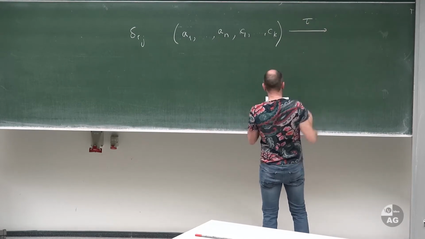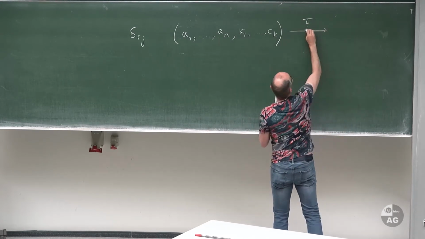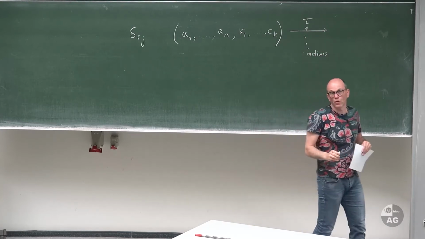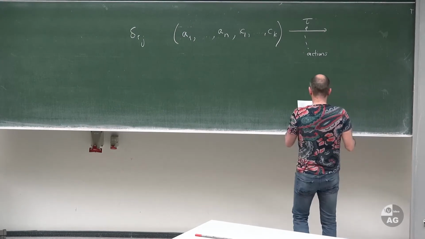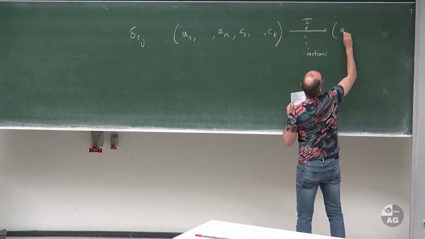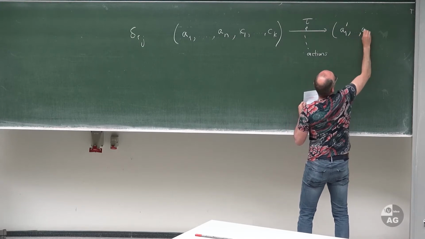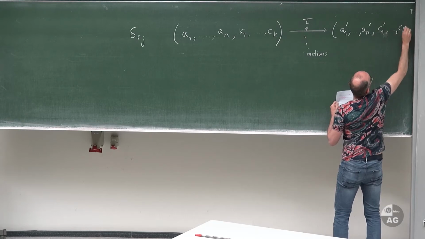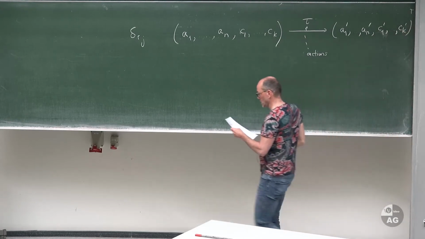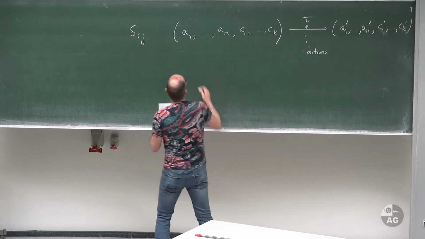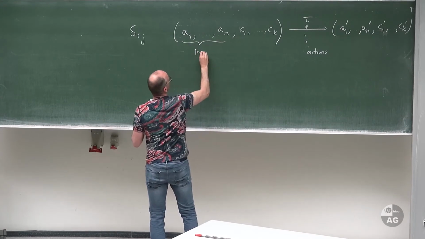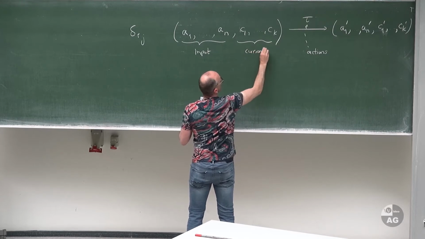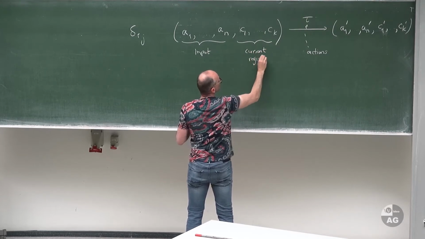Let's call this an action, and as the actions do not play any important role here, I just take an arbitrary symbol. Then we move to a new state, which will be A1 prime up to An prime and C1 prime up to Ck prime. Such that, this is the input, and this is the current register values.